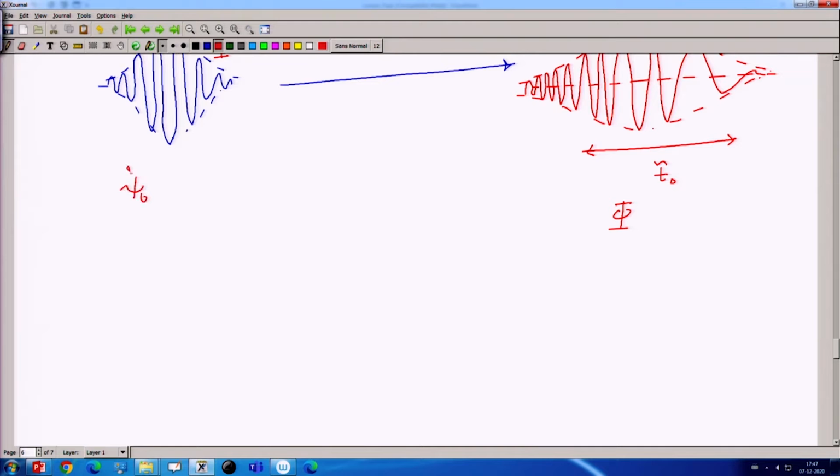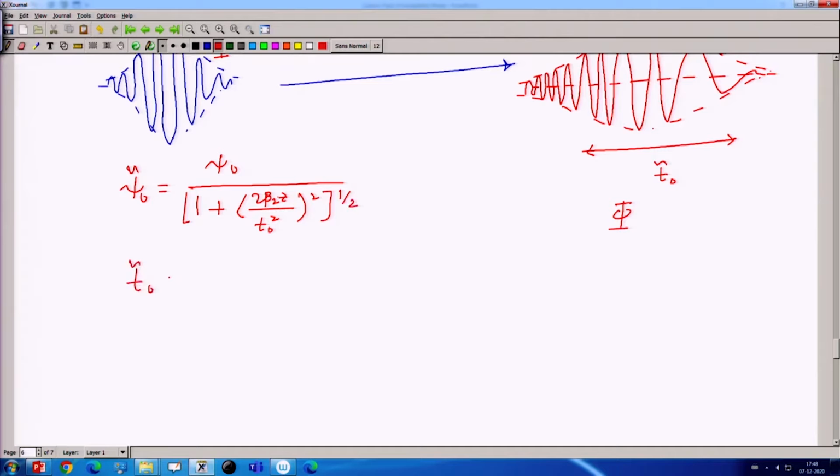So, my psi 0 tilde was psi 0 divided by (1 plus (2 beta 2 z divided by T 0 square) whole square) whole to the power half.